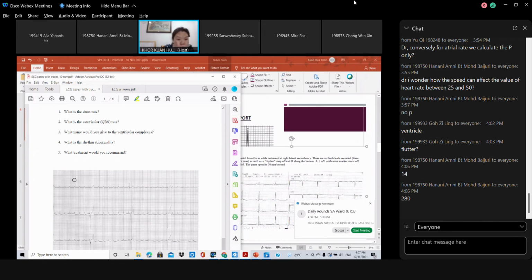If you say sinus rate, which one should we be looking at, lead 1 or lead 2? Let's say this paper speed is 50 millimeter per second. Okay, we count together.